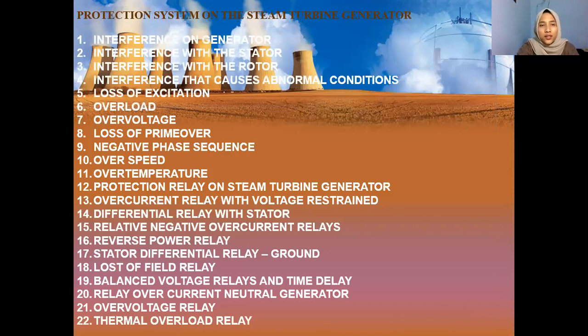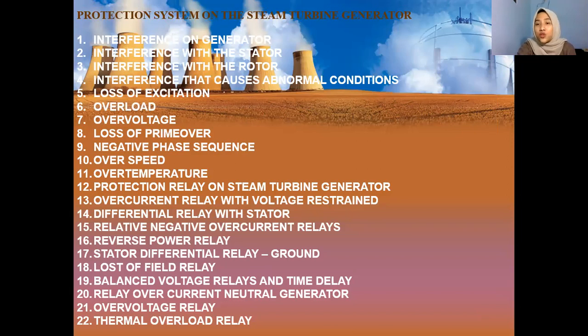And then, this is the protection system on the steam turbine generator. Number 1, interference on the generator: interference with the stator, interference with the rotor, and interference that causes abnormal conditions such as loss of excitation, overload, overvoltage, loss of prime mover, negative phase sequence, overspeed, and overtemperature.